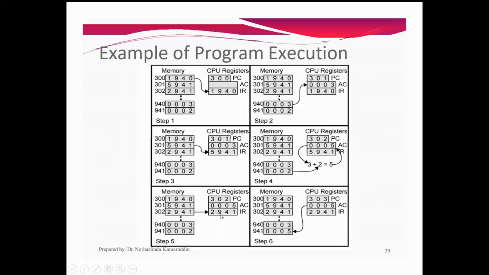So what does it store? Whatever value is in your accumulator goes into 941. So the accumulator data, 5, goes into 941. So this is how the program is executed.